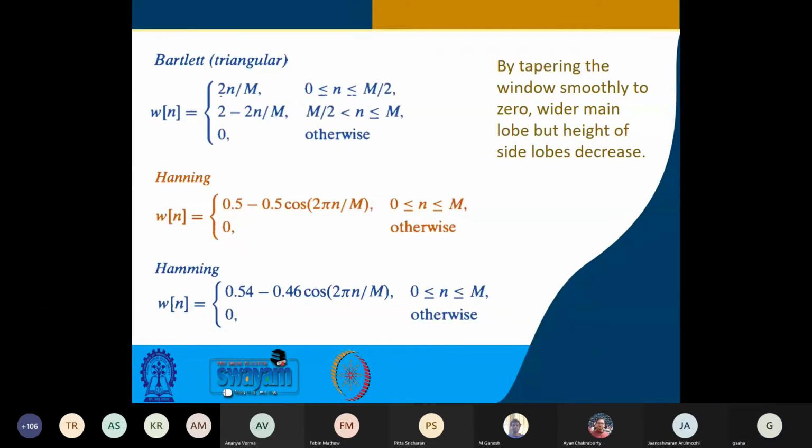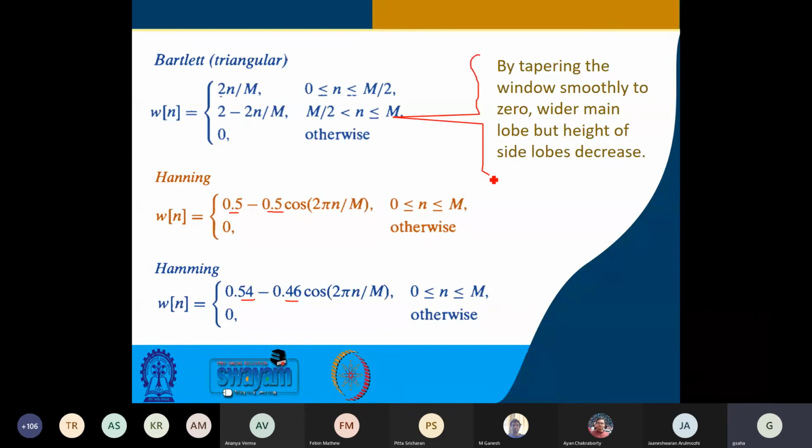Now we provide those window functions and all. Hanning, I said, looks nice, 0.5, 0.5, easy to implement in hardware. Okay, but these you can also do. And this is the Bartlett triangular window.